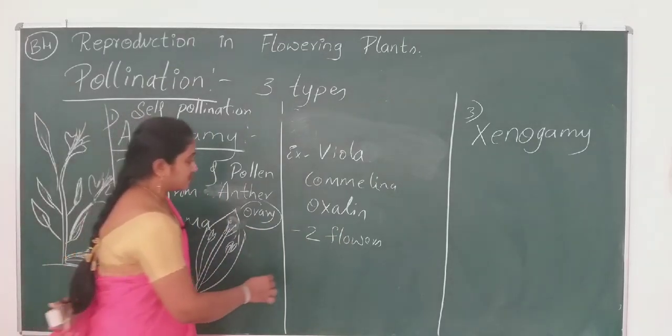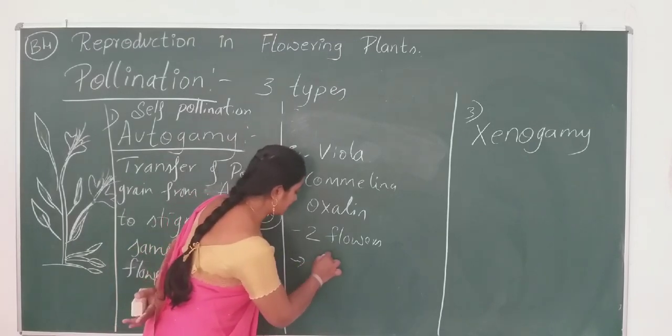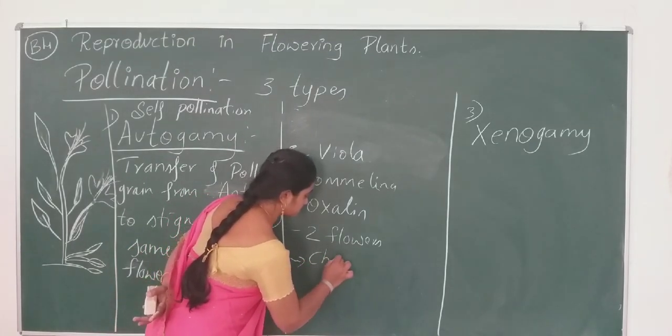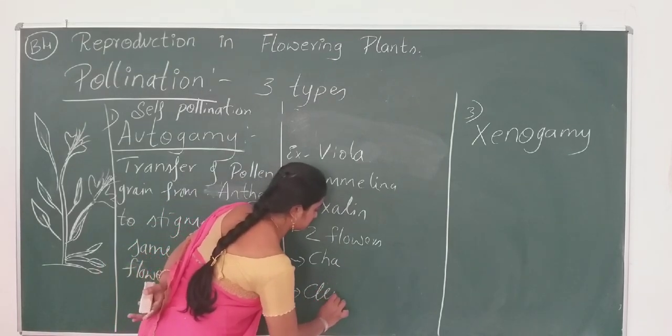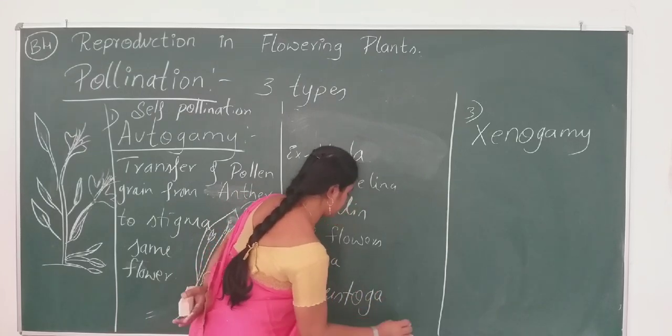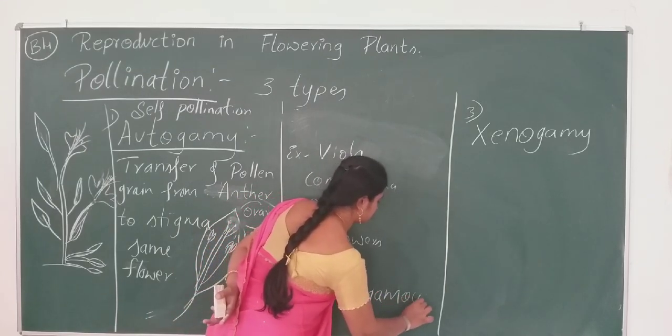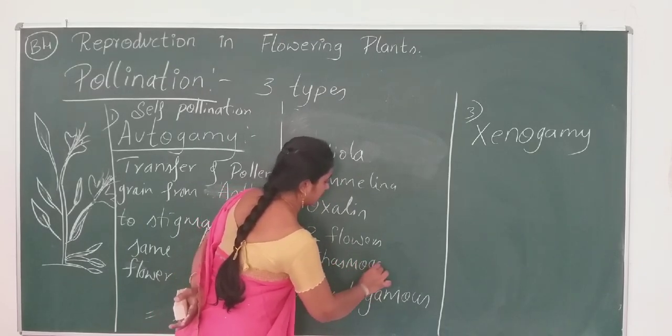That type of flowers is known as Cleistogamous and Chasmogamous.